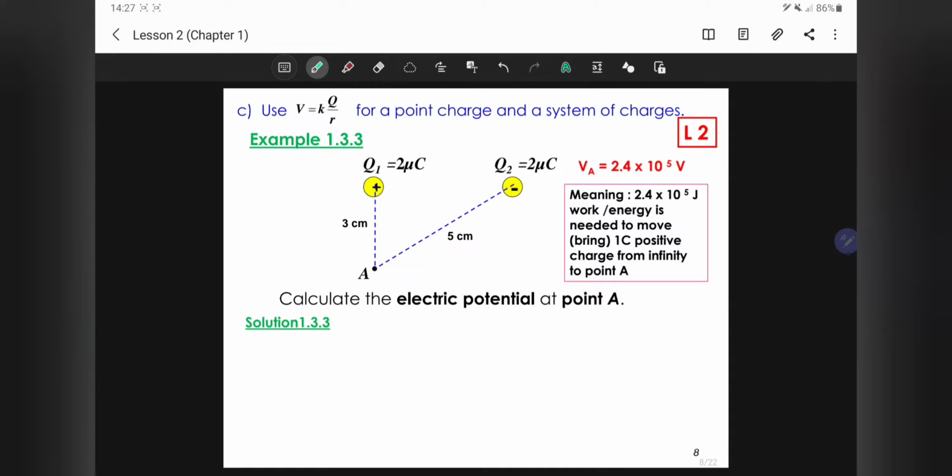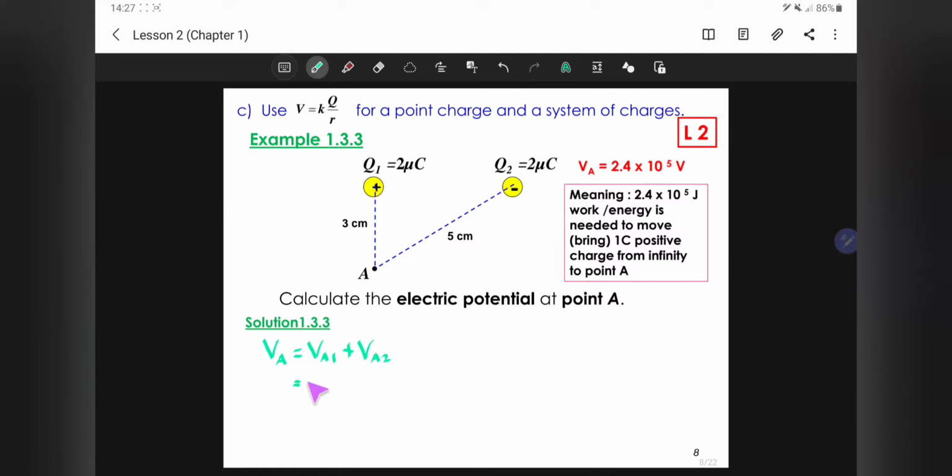So we just start the calculation. V on A equals V on A by 1 plus V on A by 2. This is the potential exerted on point A by charge Q1, and this is the potential exerted on point A by Q2. Remember they are scalars, right? We don't have any direction. So by having positive and negative signs, we need to use them in substitution.